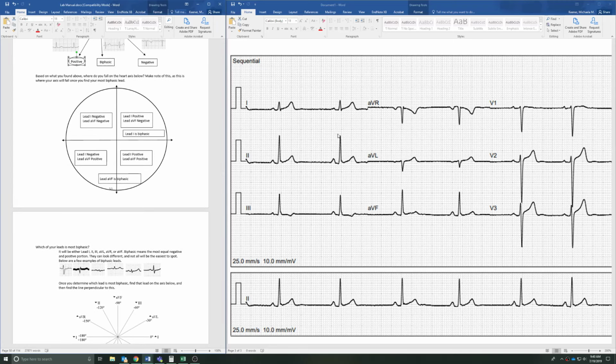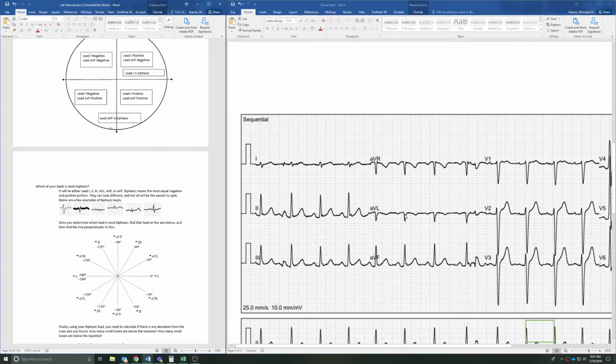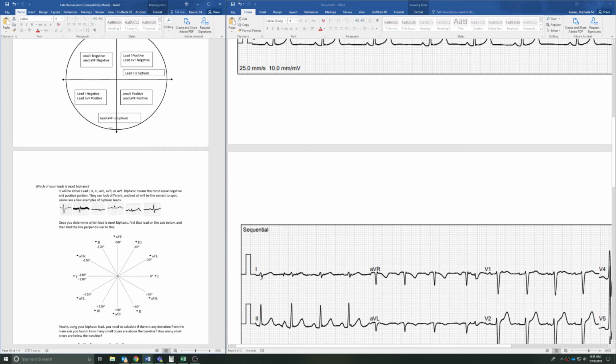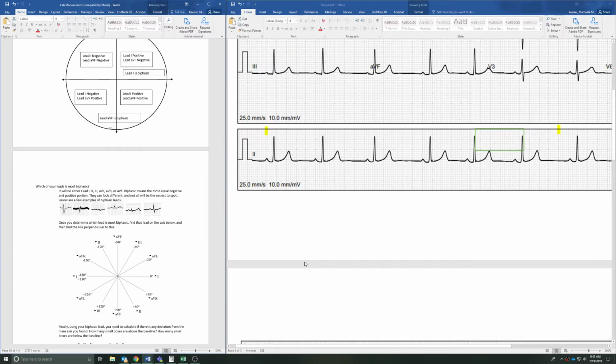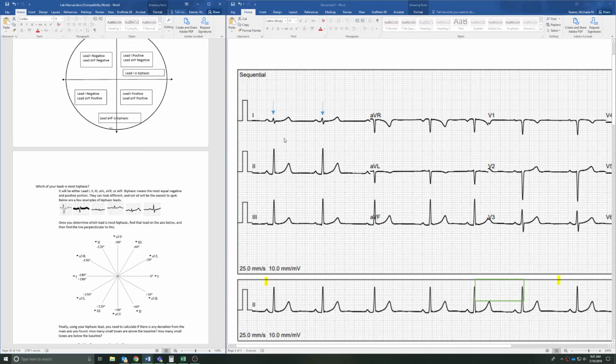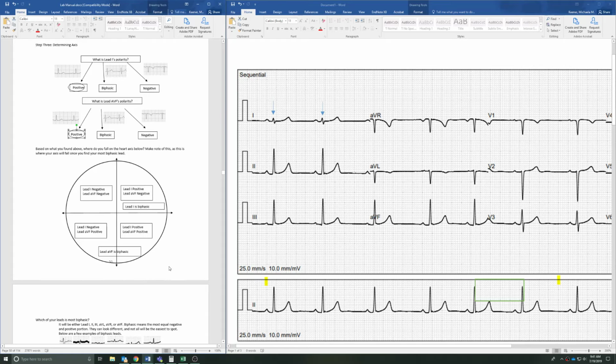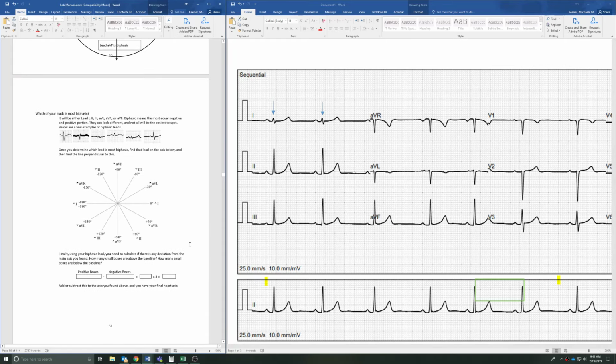Now, for this one, it's a little harder to determine which is the most biphasic. And biphasic, again, is the one with most equal up and down. There's not an obvious biphasic lead compared to these other two. This is very biphasic. It goes up and then it goes down, and that's almost equal. Same thing up here. This would be our biphasic lead, which is going to change what you do a little bit, but you just follow the flow chart.